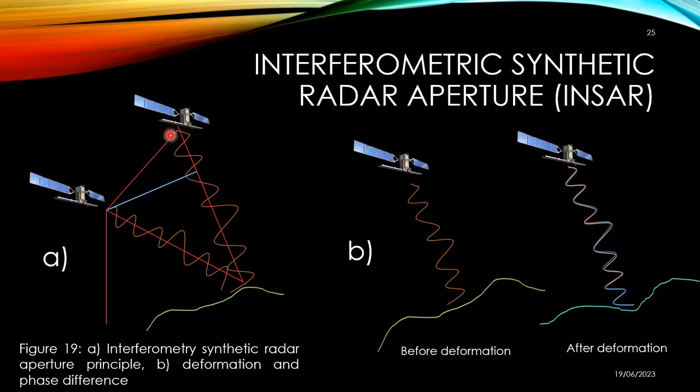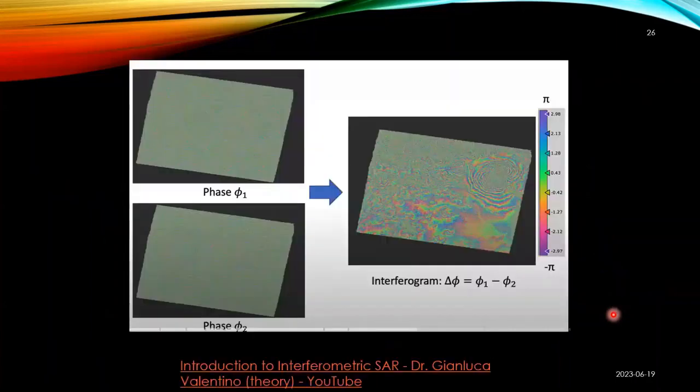It can be used for determining the topography, or for determining deformation, if we can measure this phase difference. I think this is a very popular subject now, between radar remote sensing and geodesy. Probably you have seen these things before.